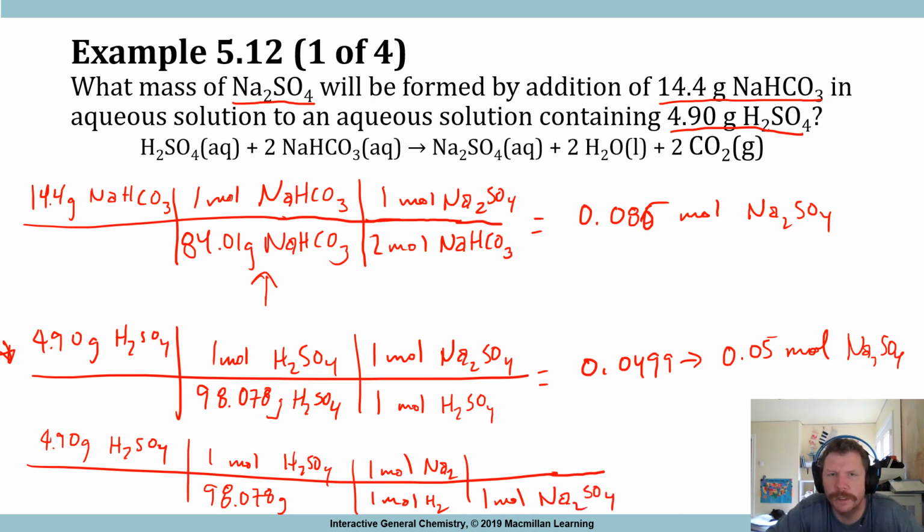I'm going to convert this into the mass. The molar mass of Na2SO4 is 142.04 grams. Okay, so these two calculations were effectively the same. I just added this one right here. So 4.9 times 142.04 divided by 98.078 equals 7.10 grams of Na2SO4.